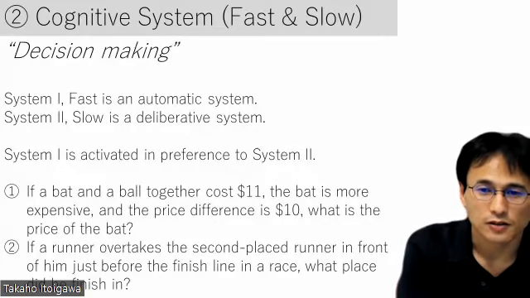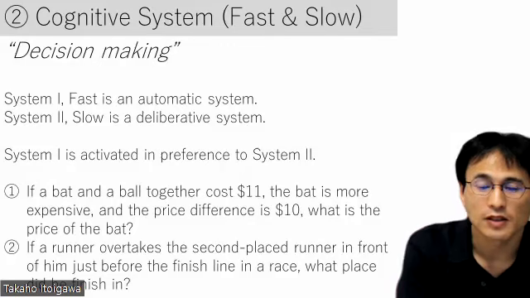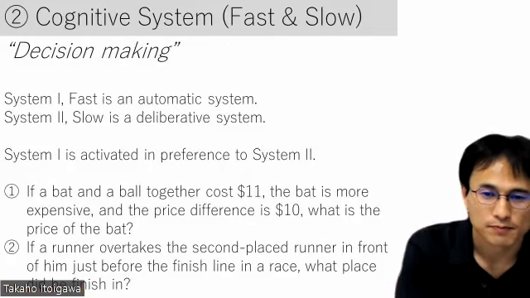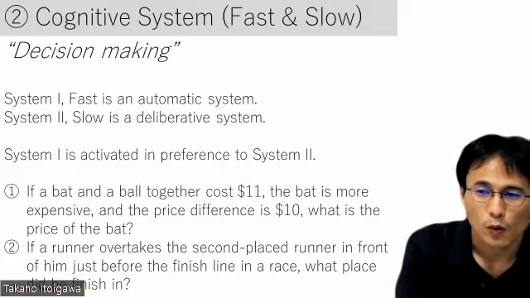The next section introduces people's cognitive systems. There are two main ways in which people perceive information. The first route is called System 1, which is known as the automatic or rapid system.